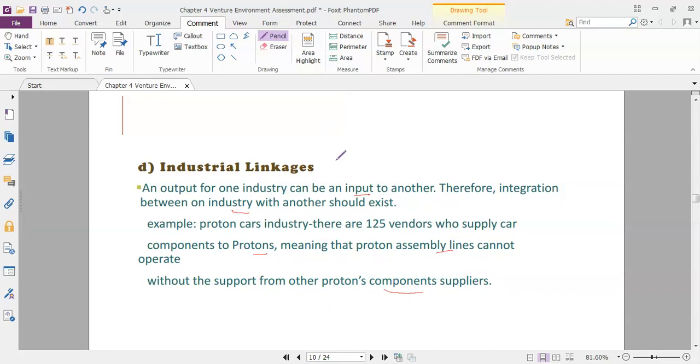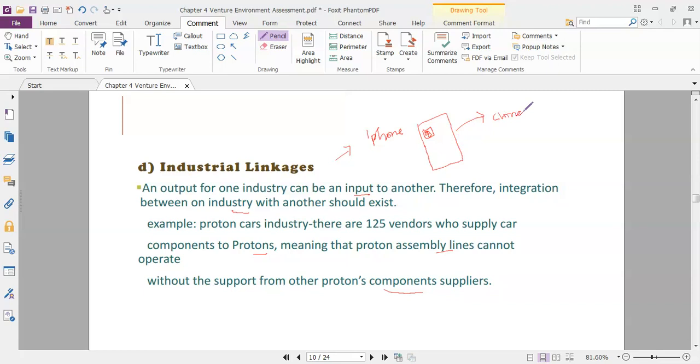Industrial linkage, for example, iPhone. If the Apple company wants to assemble the handphone, they need suppliers from other businesses. For example, the casing or the components inside the iPhone come from other countries.